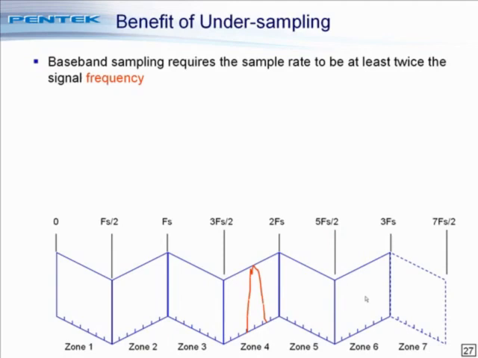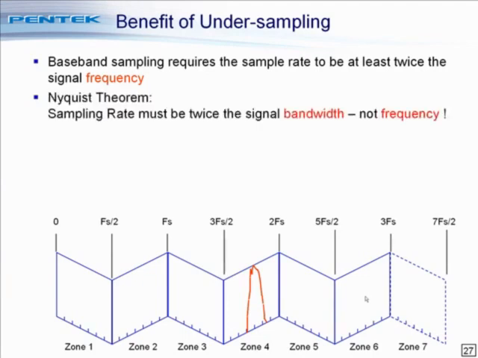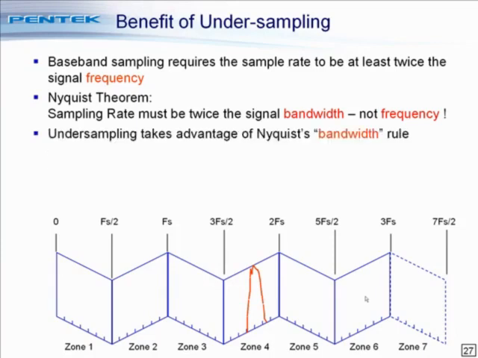The benefit of undersampling is really quite remarkable. First of all, baseband sampling requires the sample rate to be at least twice the signal frequency. Nyquist's theorem says that the sampling rate must be twice the signal bandwidth, not frequency. So undersampling takes advantage of Nyquist's bandwidth rule.